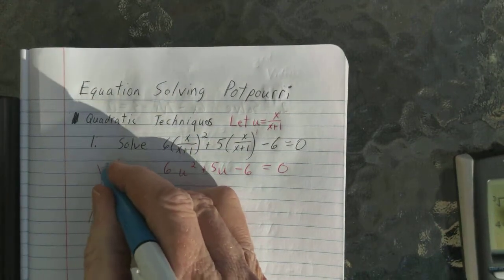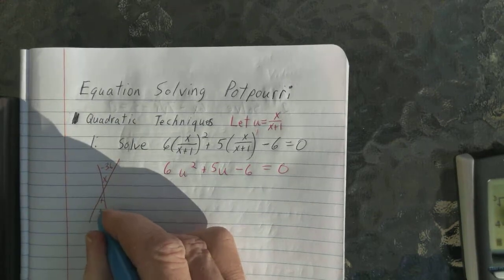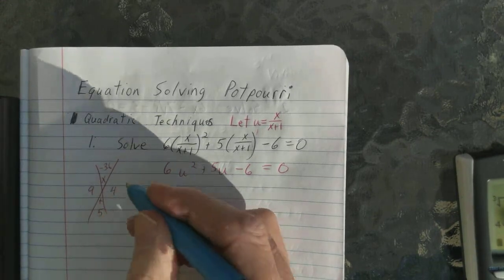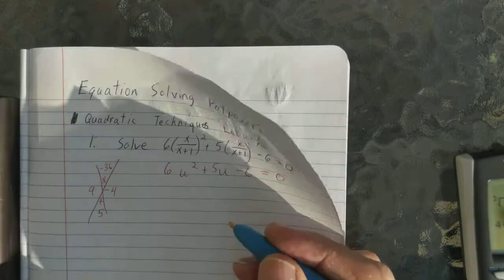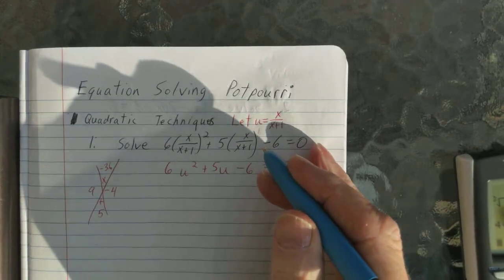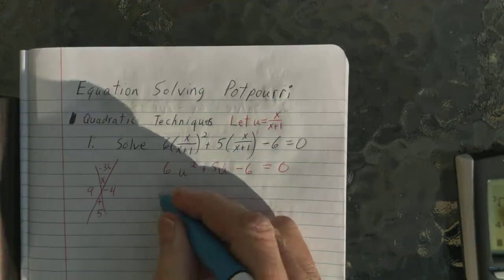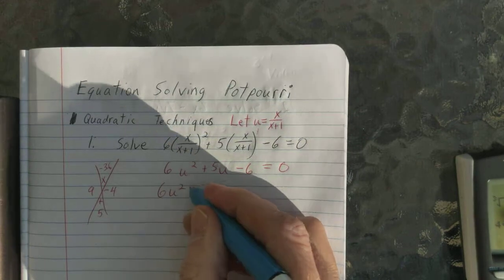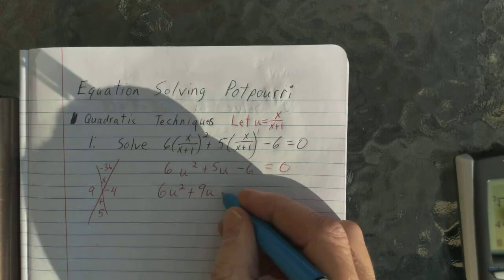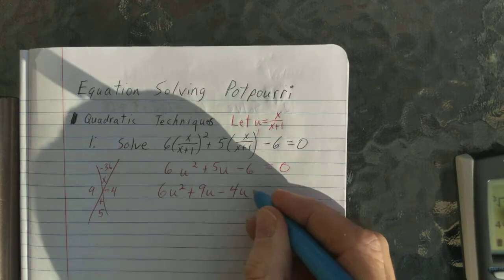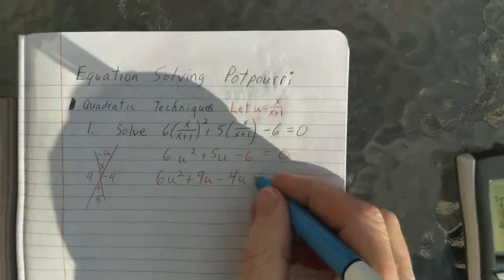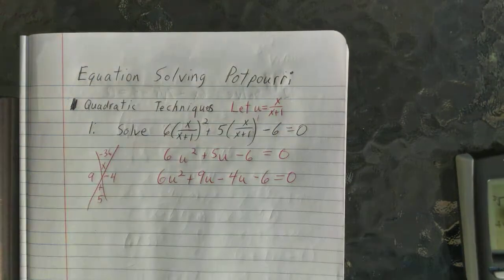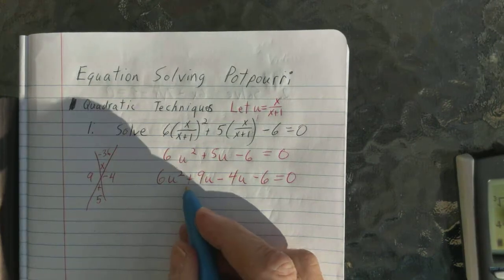What multiplies to negative 36 and adds to 5? I think 9 and negative 4. So 6u squared plus 9u minus 4u minus 6 equals 0. Let's group these.